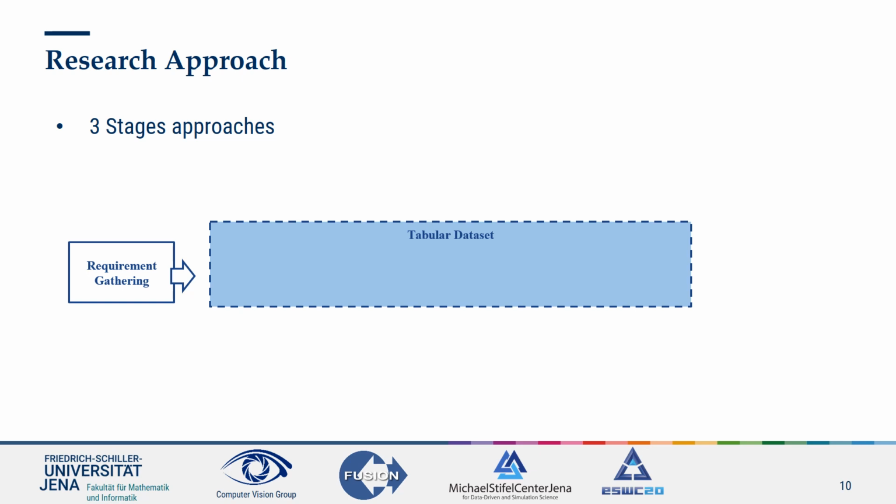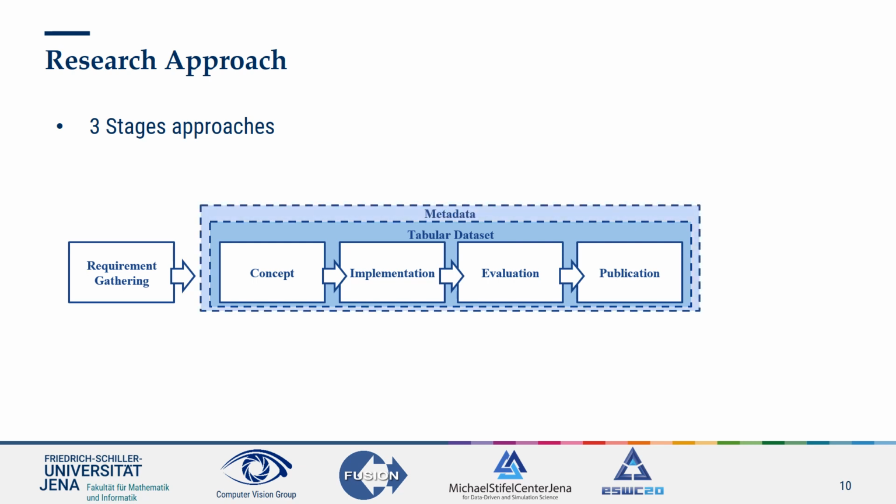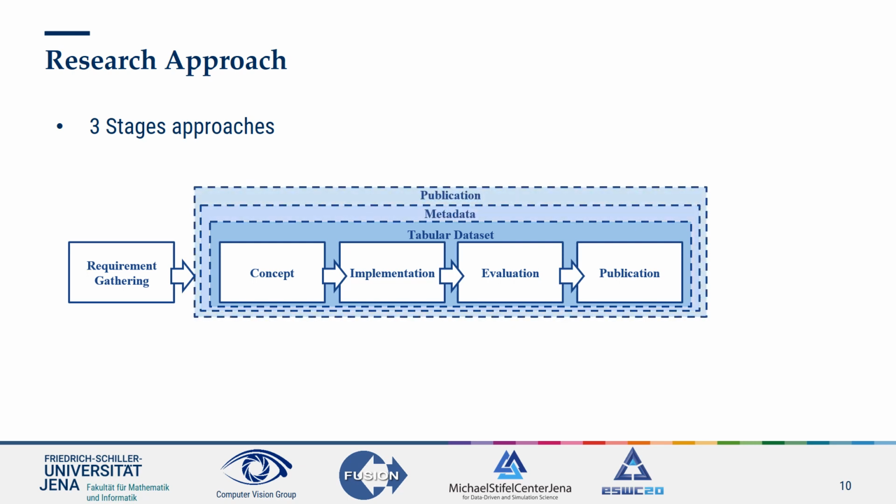So, we will perform a complete development lifecycle from the analysis of the state of the art and the concept development to implementation, evaluation, and publication. This cycle will be repeated after adding the information of the metadata and publication. After the completion of the project, a user study will be undertaken.